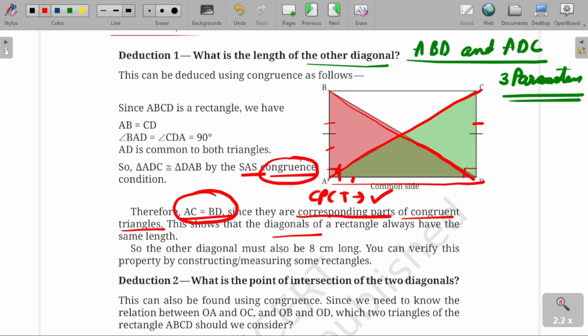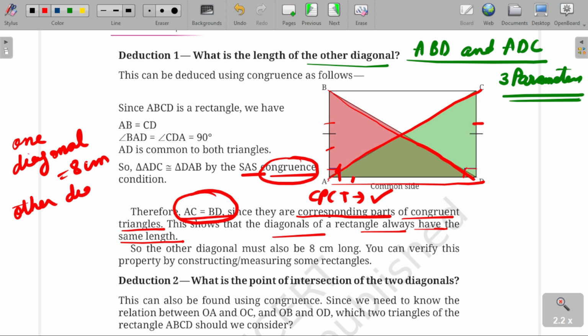That means the diagonals of a rectangle are always of the same length. If the length of one diagonal is 8 centimeters, the length of the other diagonal is also 8 centimeters.